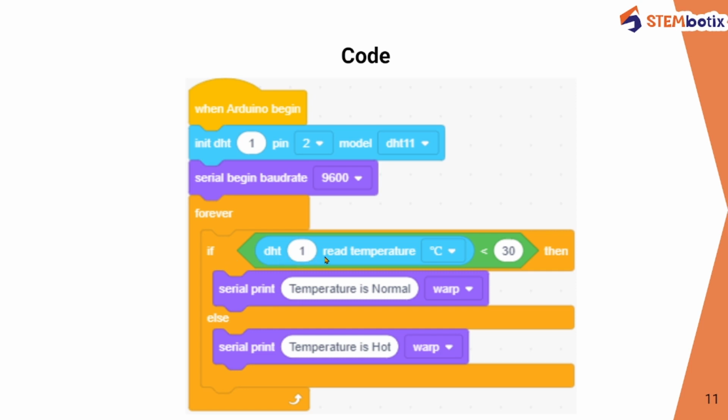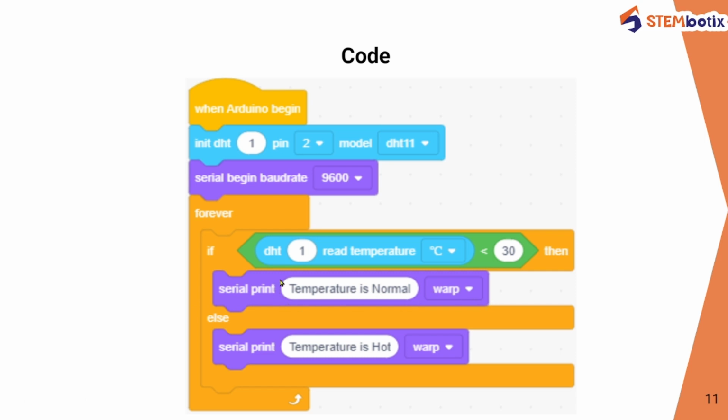In the if block we have added a condition which says that if the DHT11 sensor reads the temperature and that particular temperature is less than 30, so whatever temperature is read by the DHT11 sensor is less than 30, then you can say that your room is at normal temperature. So we are going to print this on the serial monitor using this block which says serial print, and drag.